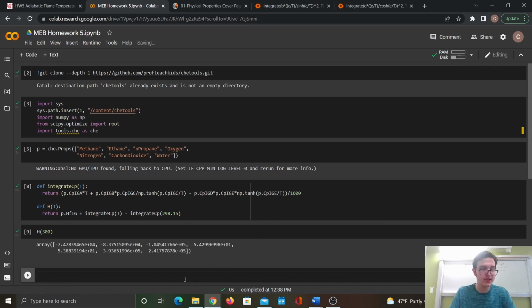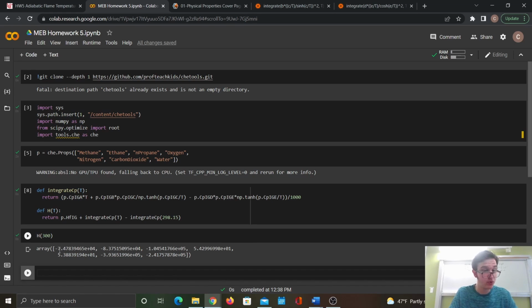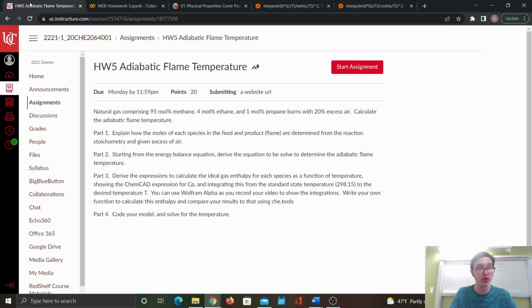So if we use this, these increase by quite a bit. It's now about 70,000, 80,000. These are joules instead of kilojoules. So we now have that, and from there we can get on to part 4.